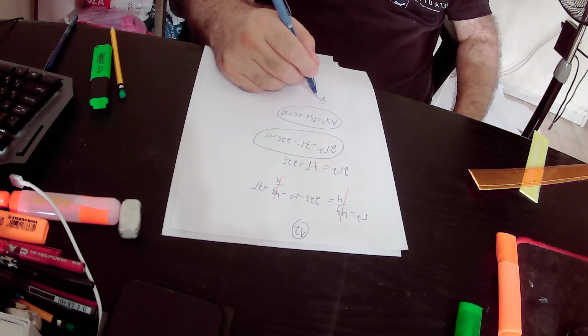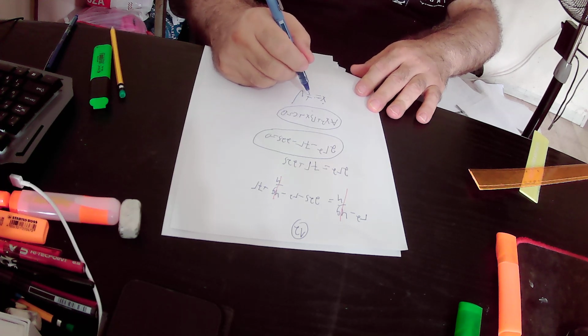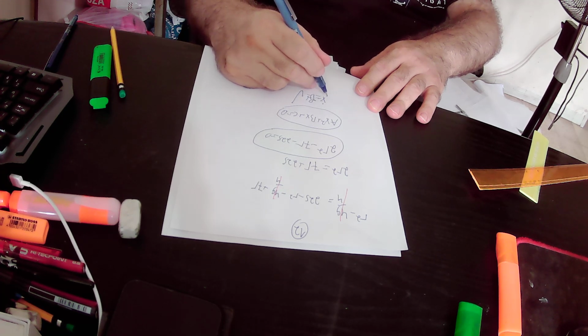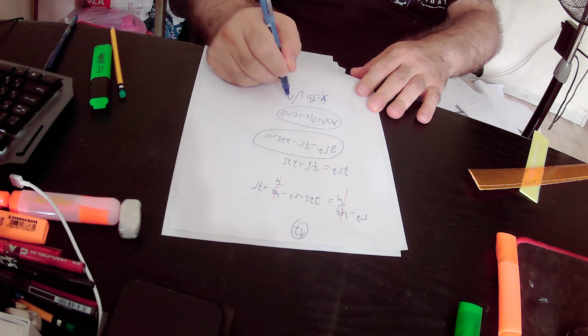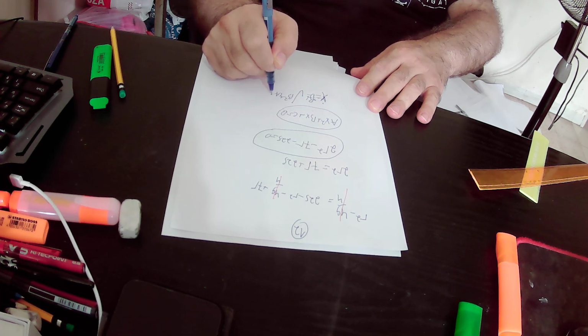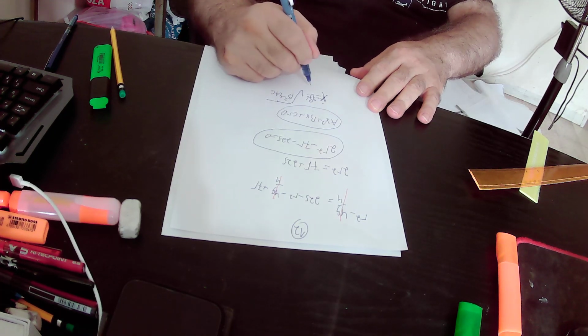x equals minus b plus minus root of b square minus 4 times a times c, over 2a.